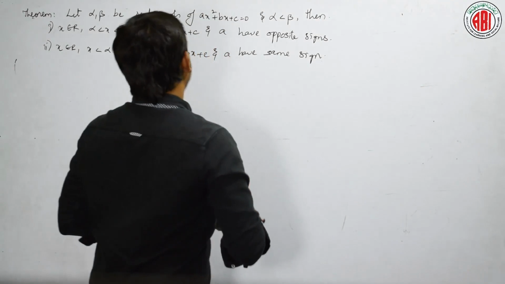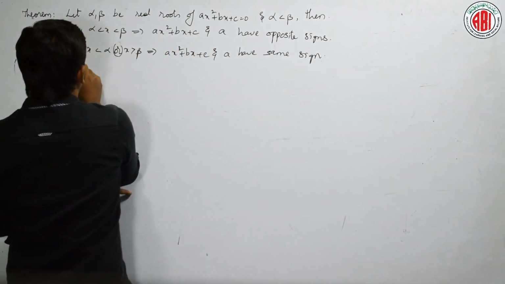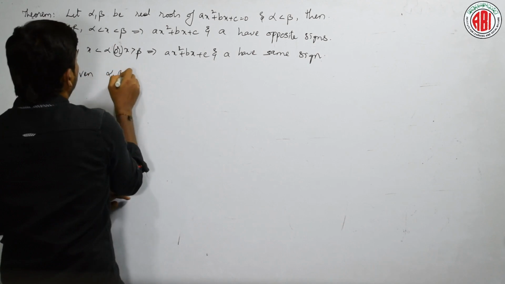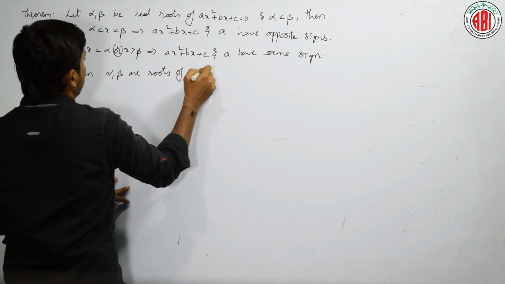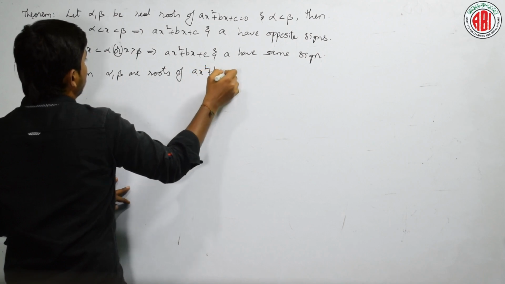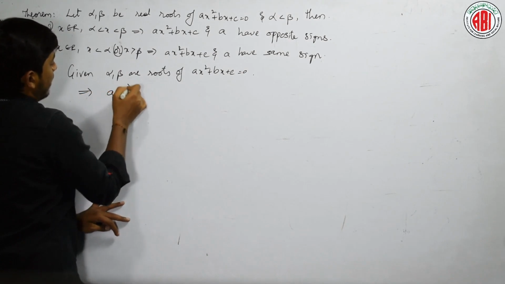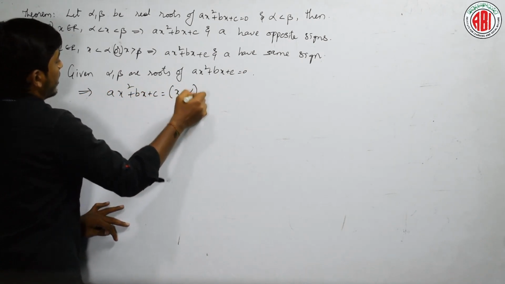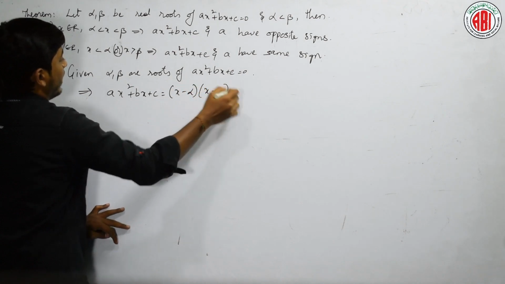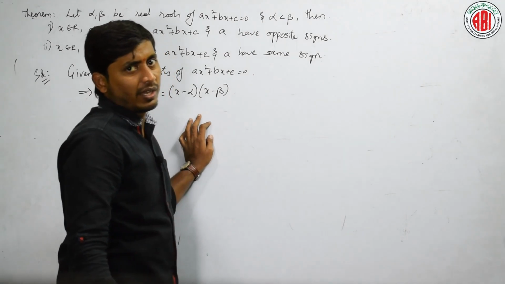See here, first let us assume given alpha, beta are roots of ax square plus bx plus c equal to 0. So, can I write ax square plus bx plus c is equal to a into x minus alpha into x minus beta? It is okay, right?